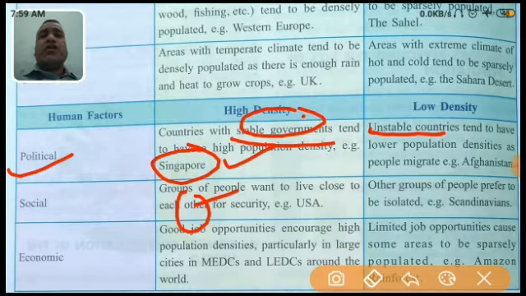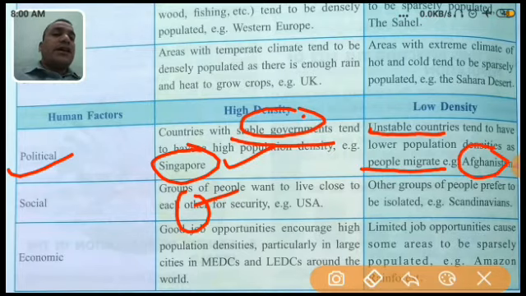So this is all because the policy cannot run properly. Okay, so the density is low because people are migrating from that area because the decisions are not right. The politicians are fighting among themselves for their own benefits. So that's why there is a loss of people, and people are migrating, just like the example of Afghanistan.